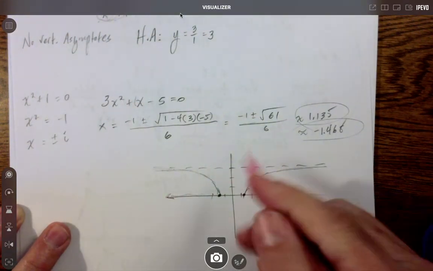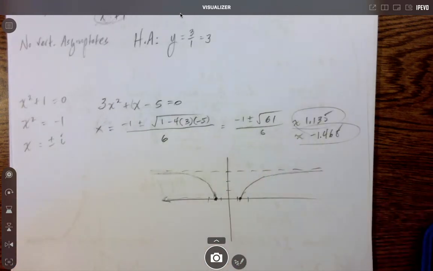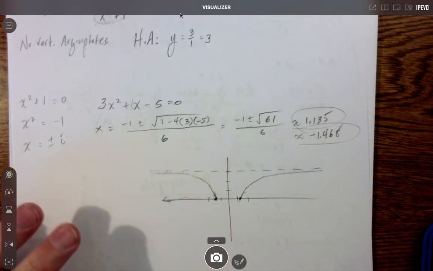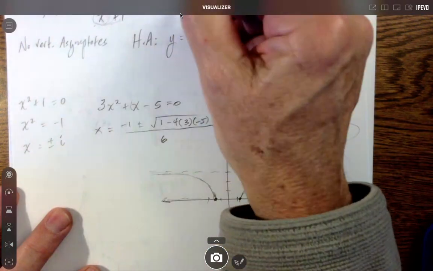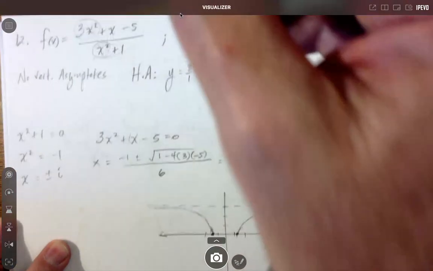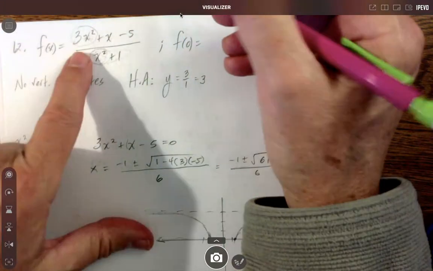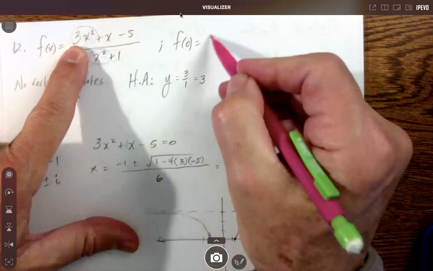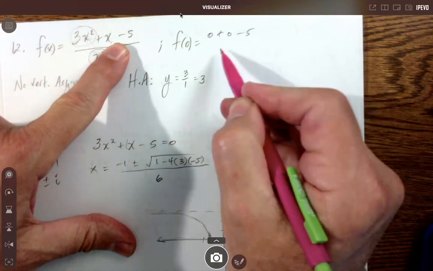And then it's going to do some stuff in here. What's it going to do? I'm not sure. Can x equal 0 here? I believe it can, right? If x is 0, let's look at what is f of 0. So basically that would be 0, that would be 0, that would be negative 5.